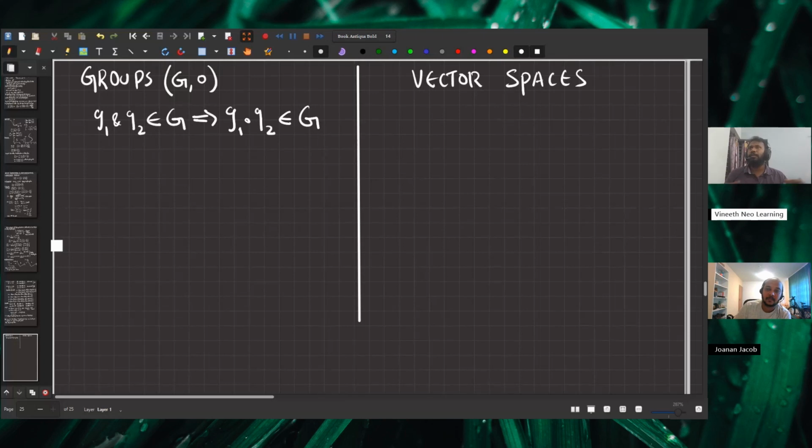These algebraic objects are abstract objects. It can be anything: rotation, reflection. Should it be a binary operation? Yes, a binary operation between two objects. Suppose you take an equilateral triangle; rotating it is an operation, but not a binary one. The triangle is not an element of the group.